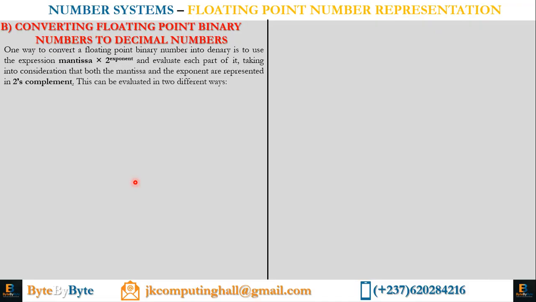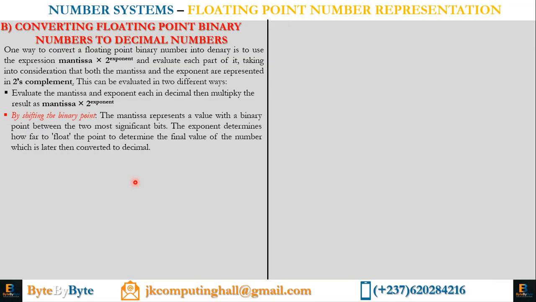One way to convert a floating point binary number into decimal is to use the expression mantissa times 2 to the exponent and evaluate each part, taking into consideration that both the mantissa and the exponent are represented in 2's complement. This can be evaluated in two different ways. One, evaluate the mantissa and exponent each in decimal, then multiply the result as mantissa times 2 to the exponent.